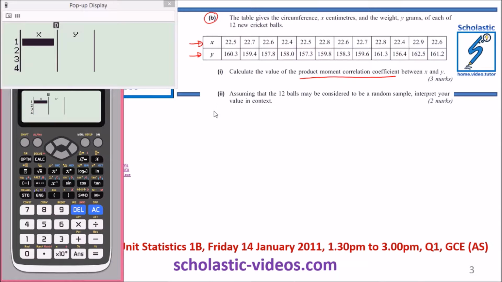So the values are starting with x. First I will enter all the x values. 22.5, enter. So basically you can see it here.